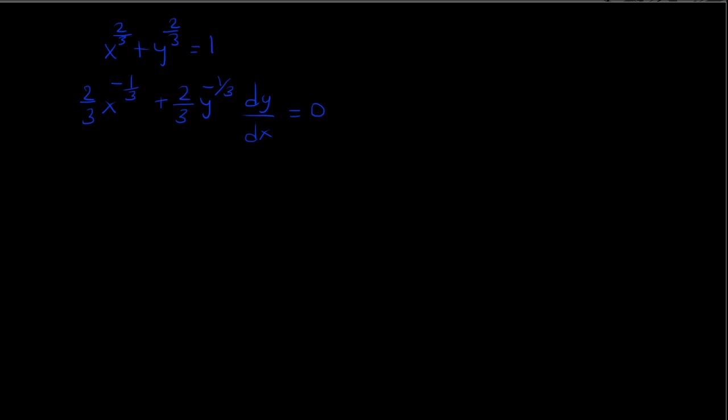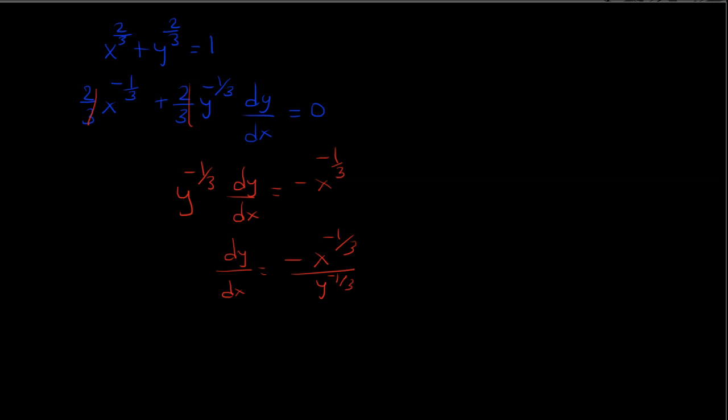I have factors of 2/3, so those are gone. I'm going to be left with y to the negative 1/3 times dy over dx, and then we're going to move the x to the negative 1/3 to the right, and when I divide both sides by the y to the negative 1/3, I get this.